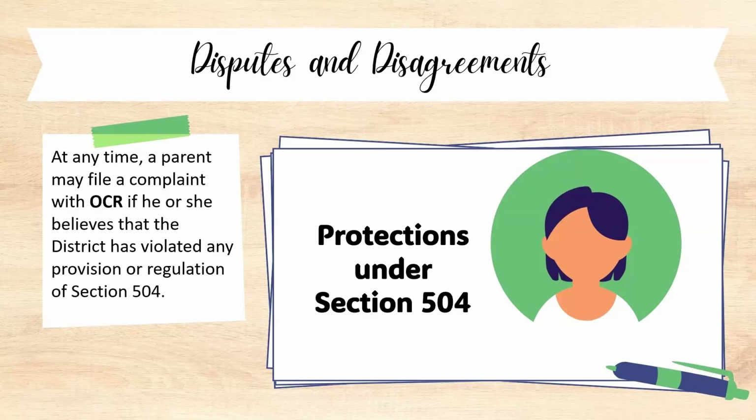But for our parents of special needs children, an OCR complaint might be filed if they believe their child's rights under federal laws, such as the Individuals with Disabilities Education Act or Section 504 of the Rehabilitation Act of 1973, have been violated.